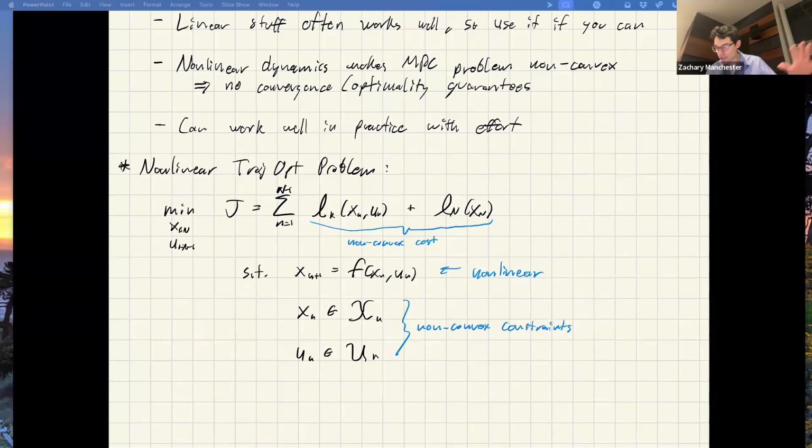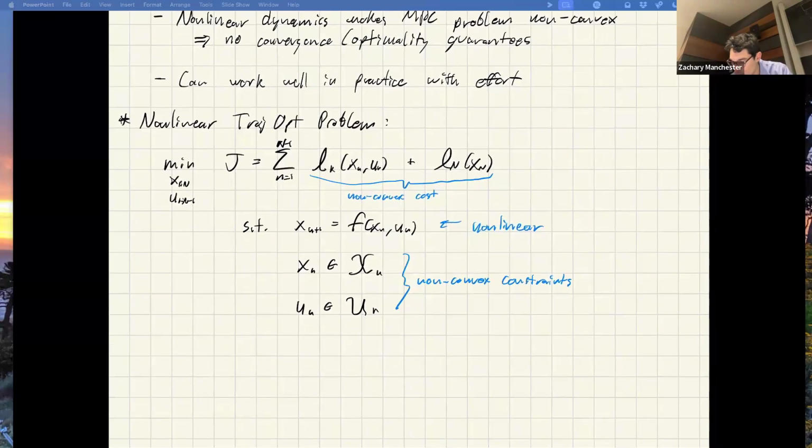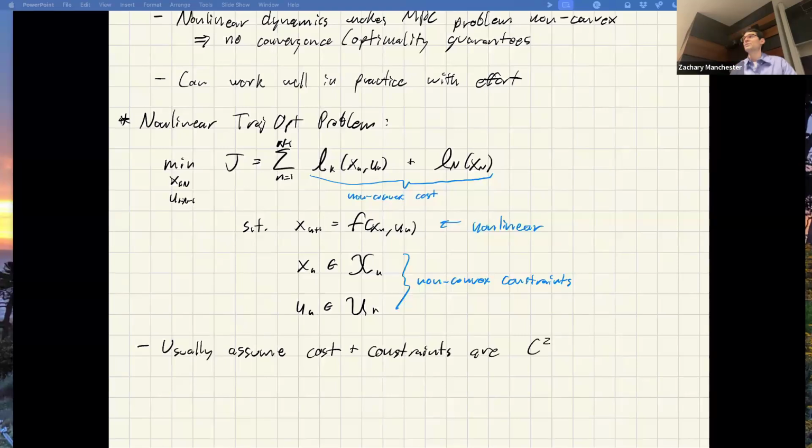And one note, so this is the general setup. What we're going to assume for now, which we may relax later, and which is standard in most of the derivations and most of the literature on this stuff, is that the cost functions and the constraint functions are all at least C2 smooth, which means they have at least two continuous derivatives.